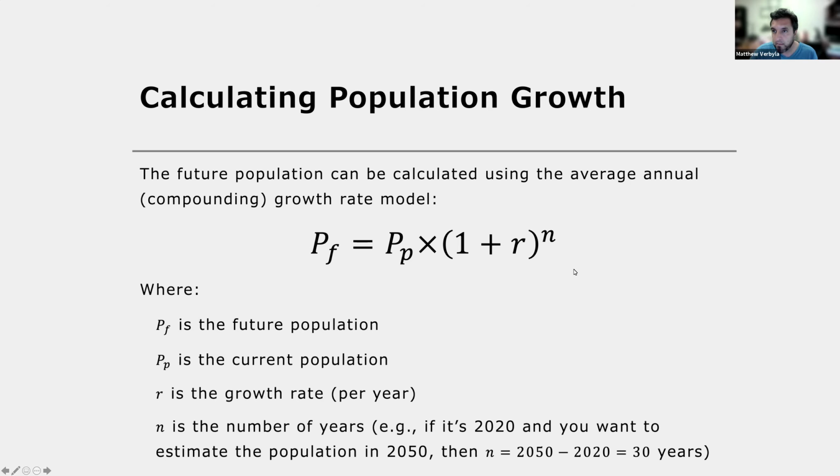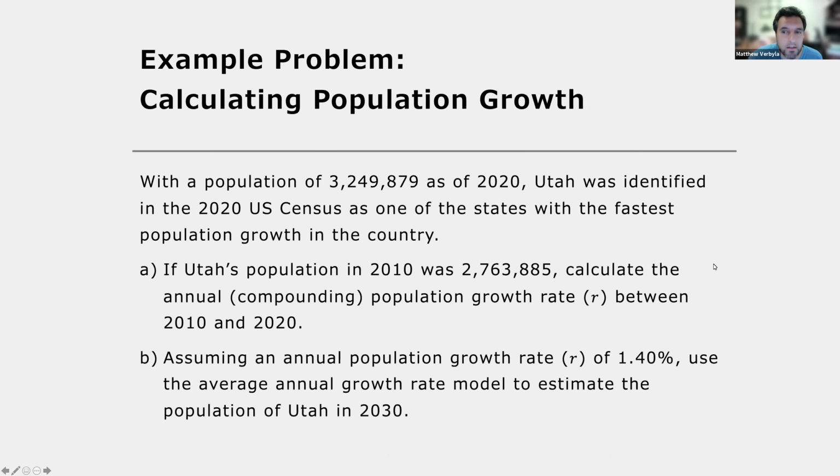Let's see an example problem. So we're going to take the example of the state of Utah, which has one of the highest population growth rates in the United States as of the most recent census. All right, so if the population in Utah was 2,763,885 in the year 2010, let's use the equation we just saw to calculate the growth rate R between these 2 years.